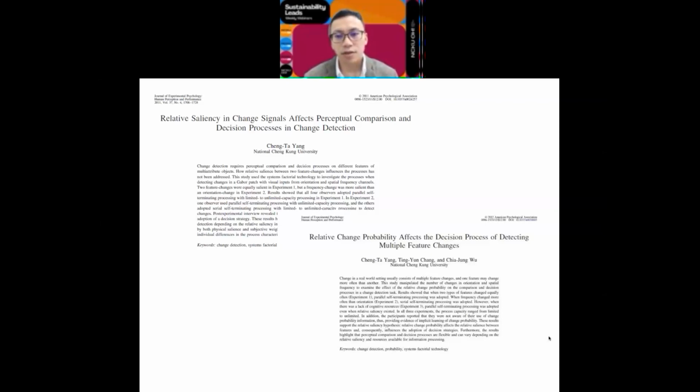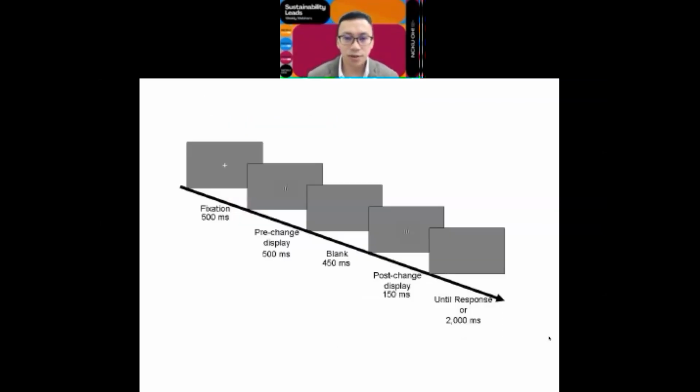And we can apply SFT to do the double factorial design and to calculate the main interaction contrast and survivor interaction contrast. Then we can infer how people process different feature changes for making the change decision.